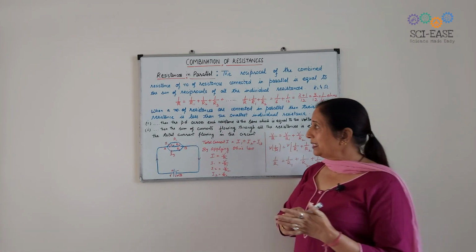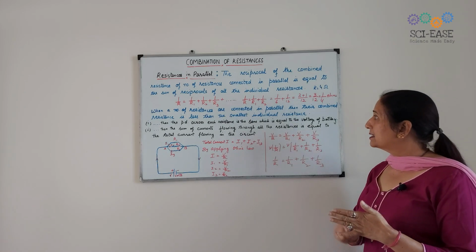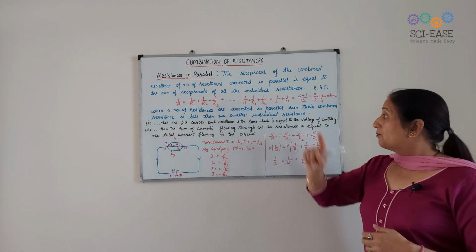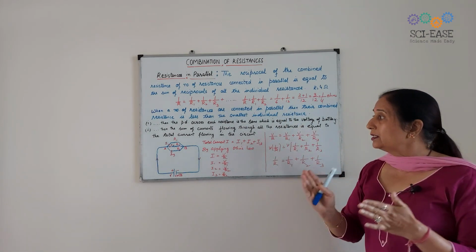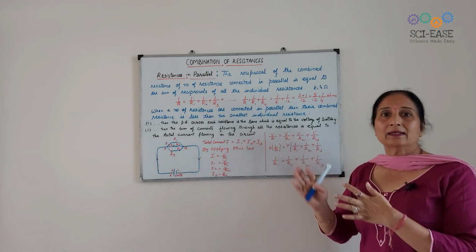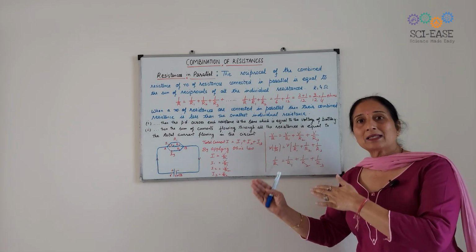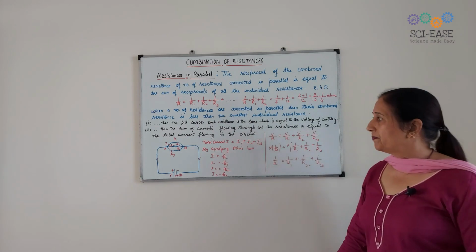And second, the sum of the currents flowing through all the resistances is equal to the total current flowing in the circuit. This means I is equal to I1 plus I2 plus I3 and so on.